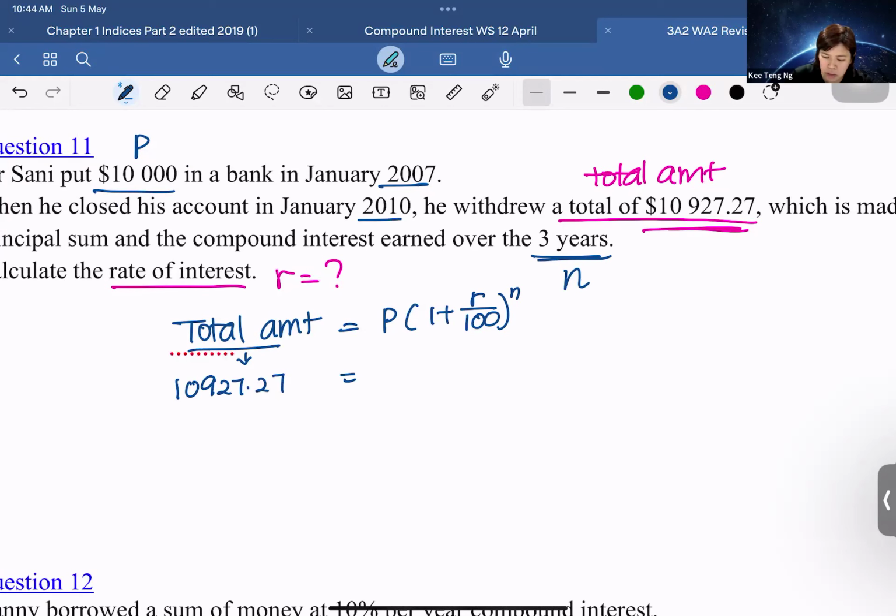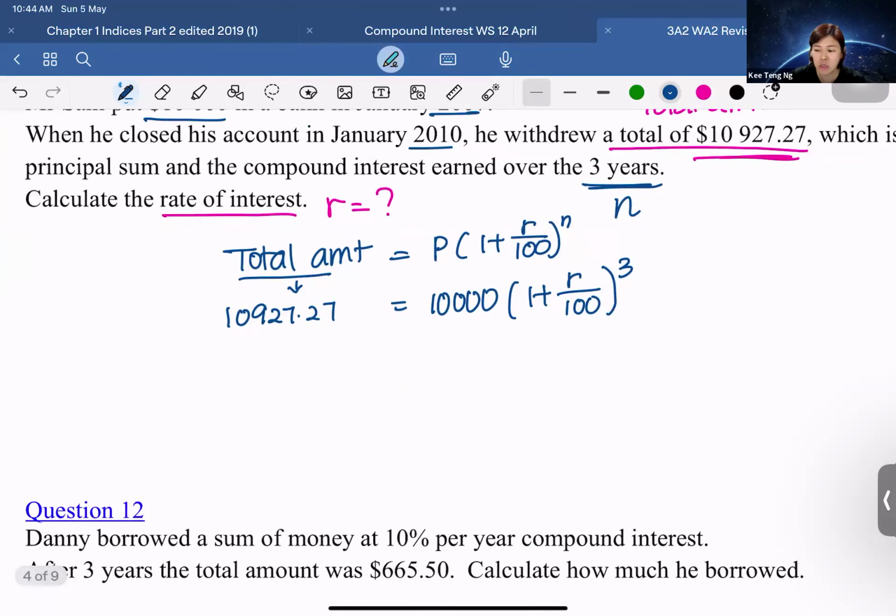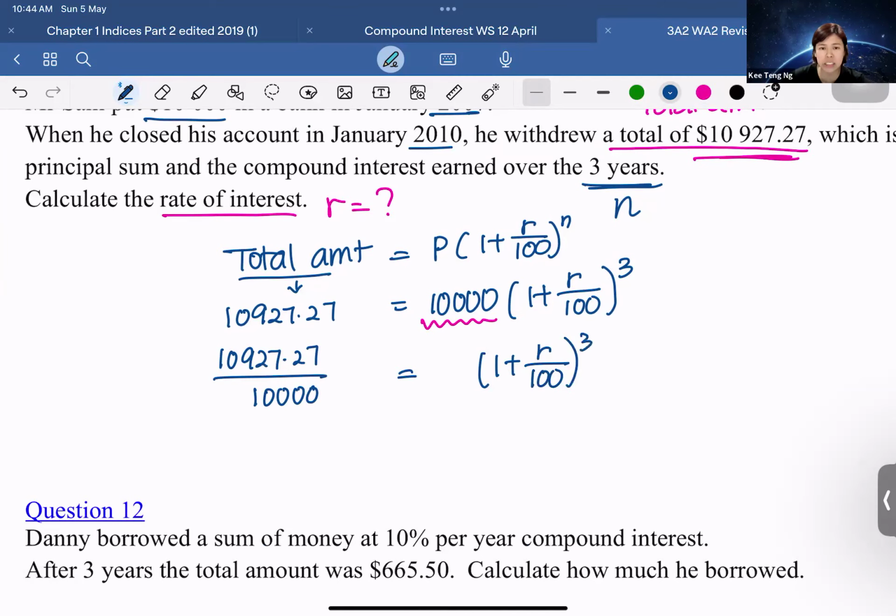My principal amount was 10,000. 1 plus interest rate, I do not know, over 100 to the power of 3. Okay. So this one, you have a few important steps that you need to do. Number 1, get rid of the 10,000 multiplied to it, right? So we get rid of 10,000 first, we'll divide, to get 1 plus R over 100 to the power of 3.